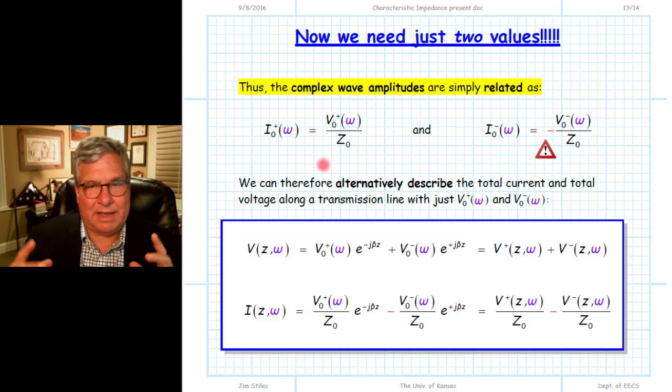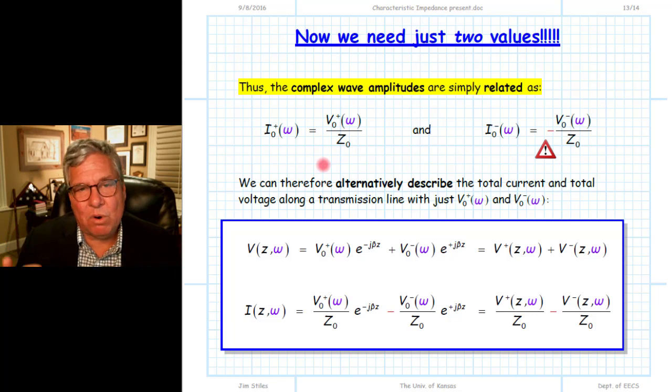But we just found that really it's not 4 complex values, it's 2 pairs of complex values, V0 plus and I0 plus, that are related simply by the characteristic impedance of a lossless transmission line. Another pair is I0 minus and V0 minus, again, related simply by the characteristic impedance of the transmission line.